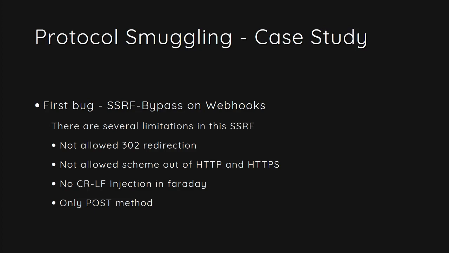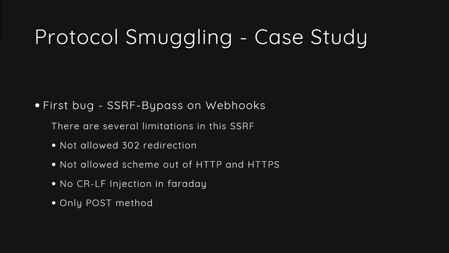However, we still can't do anything. Why? There are several limitations in this SSRF, such as this SSRF only allows the strings HTTP and HTTPS, and we can't change the scheme by 302 redirection.